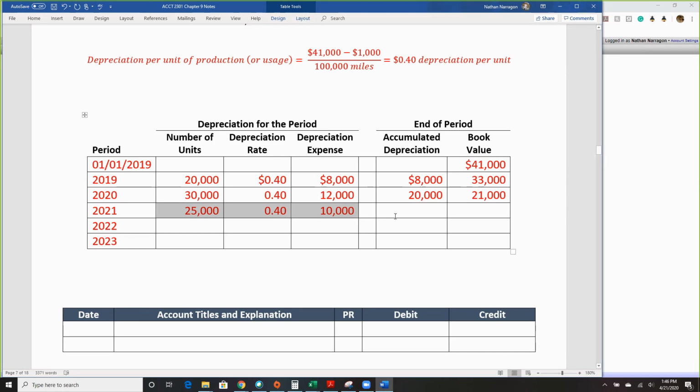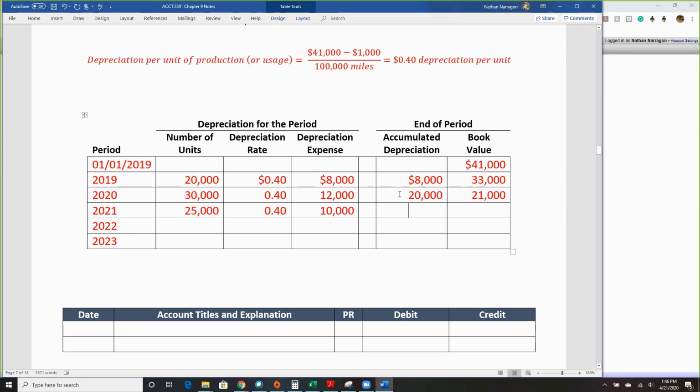How much for 2021 should the balance be for accumulated depreciation? Remember the steps.